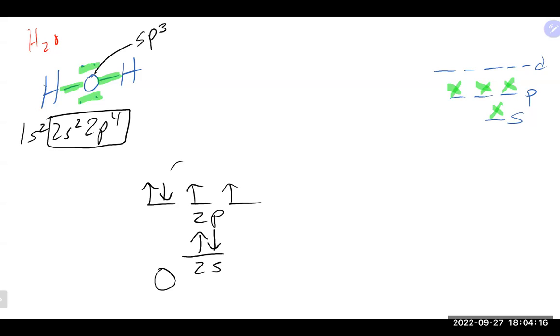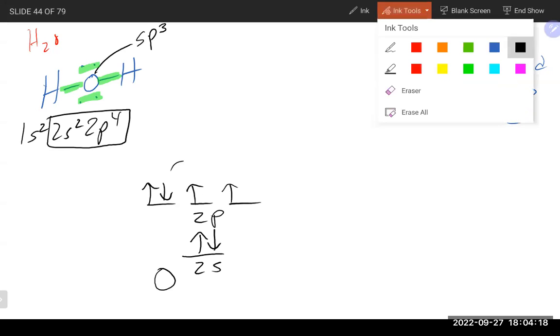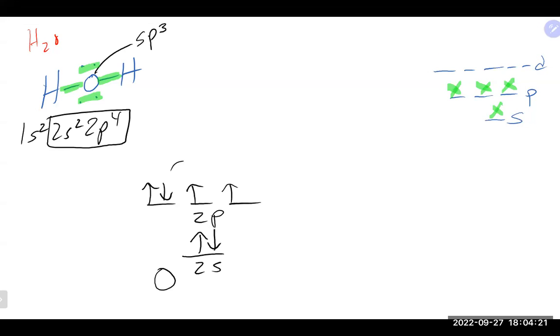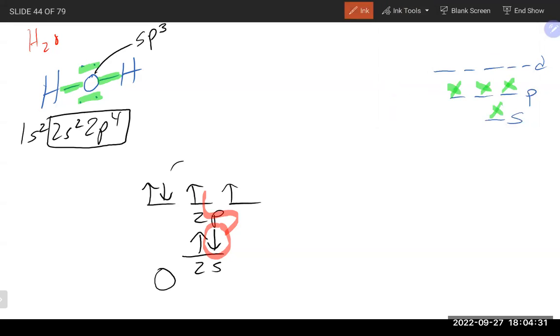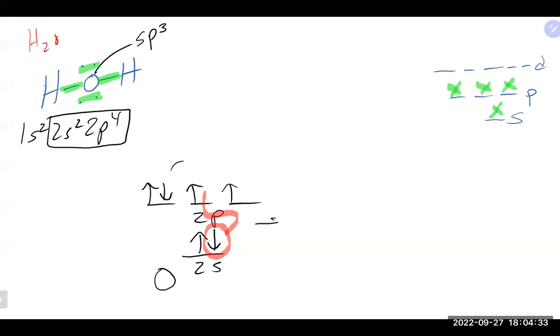So now as the hybridization process occurs here, this lower electron will now end up where? It's going to end up right there in the second spot, because that's where it should now go. And when it does so, we will end up with our 2s that has an electron, our 2p that has this, and this.